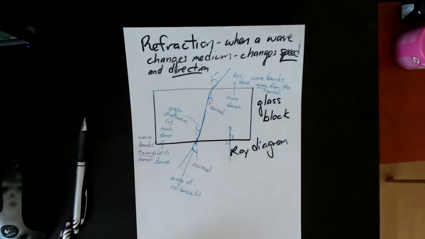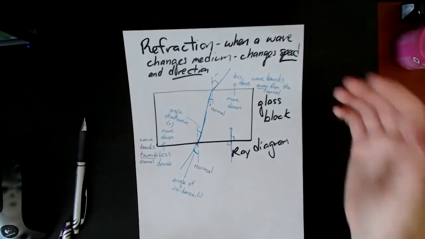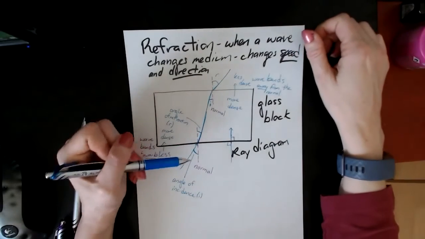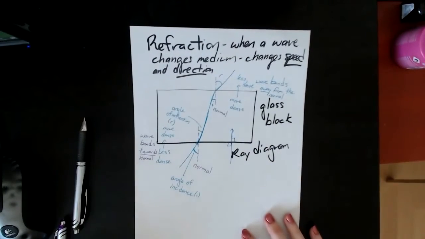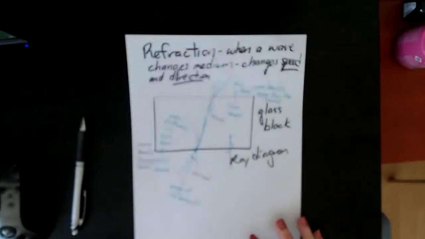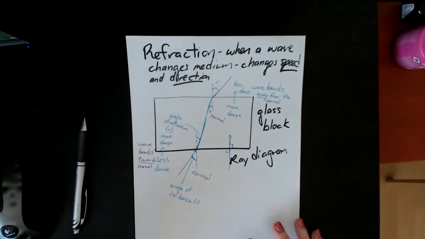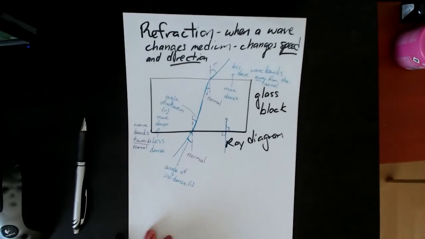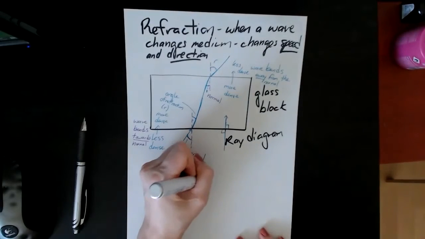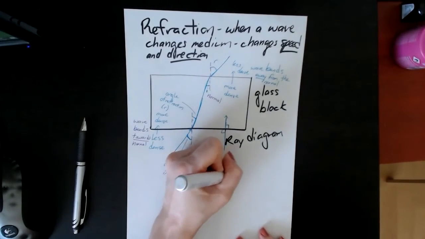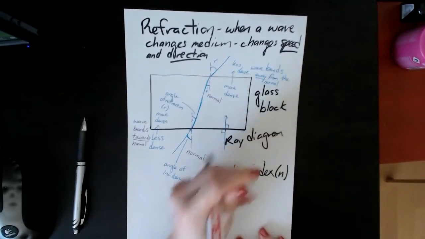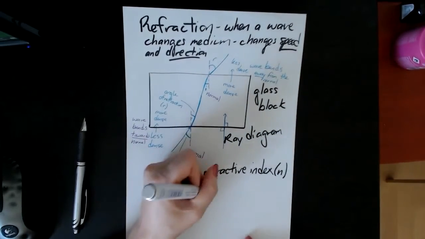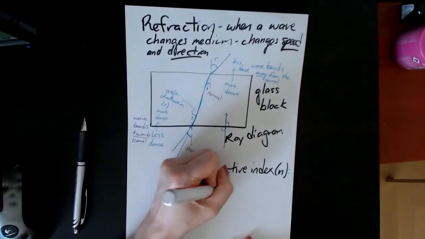Now, there's a mathematical relationship for this, okay? So you have your angle of incidence and your angle of refraction. And there's something called the refractive index. The refractive index, abbreviated n, you can remember that like index, is basically a measure of the density.